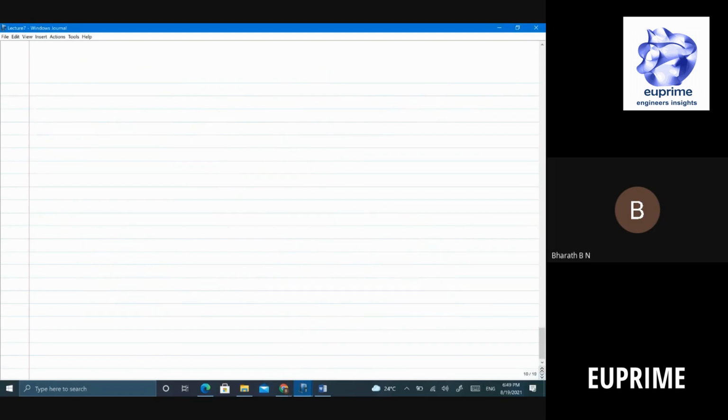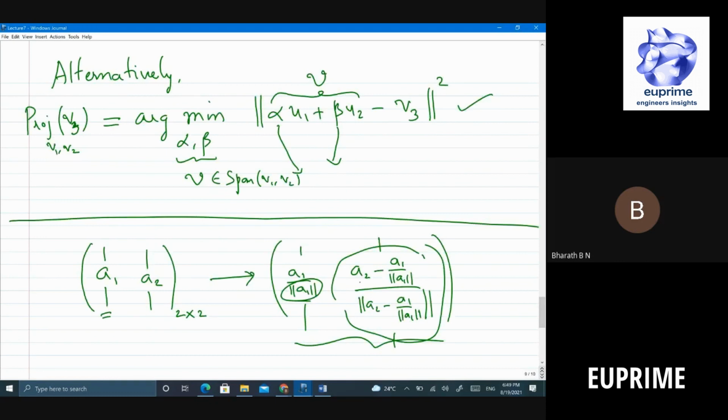So instead of bothering about what those coefficients are, I will write it like this. The first column is alpha A1, where alpha is 1 by norm of A1. What is the second column? If you go back, this is some complicated constant times A1, some other constant times A2.